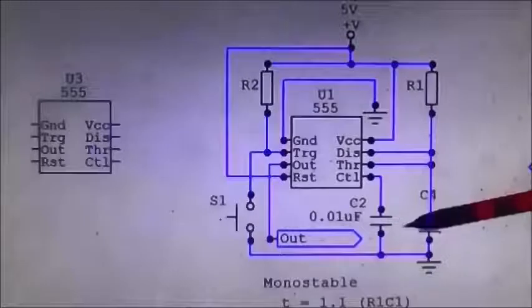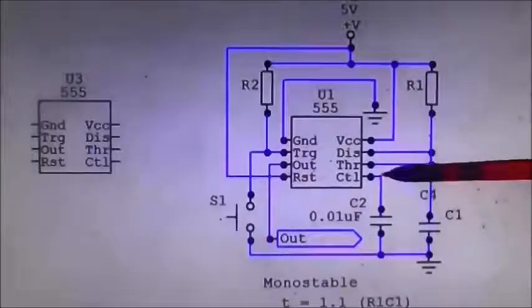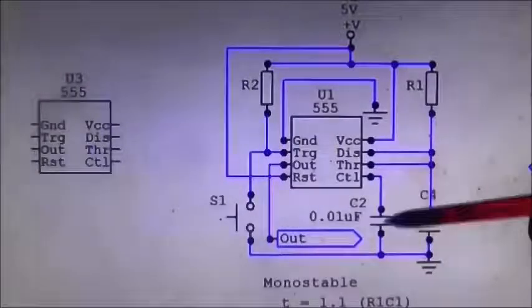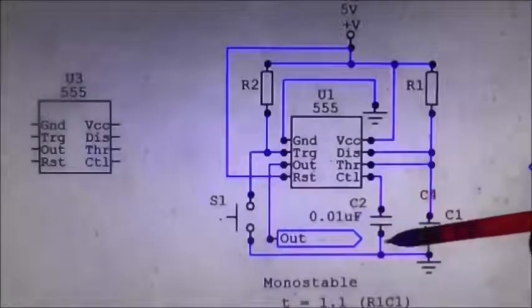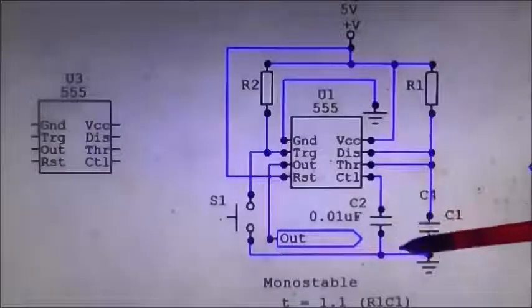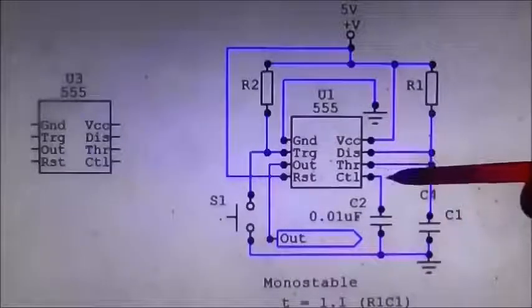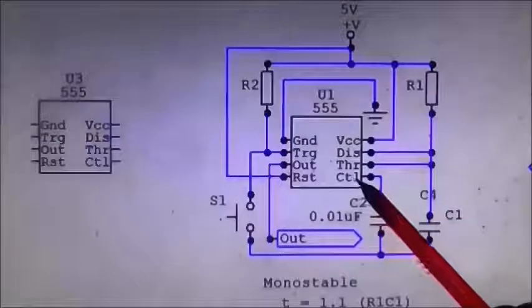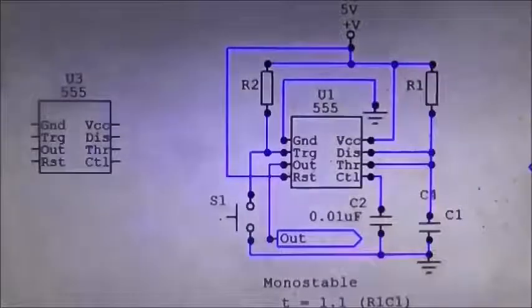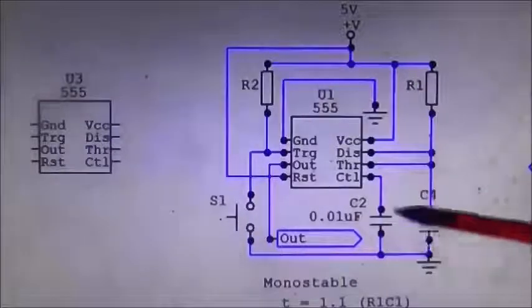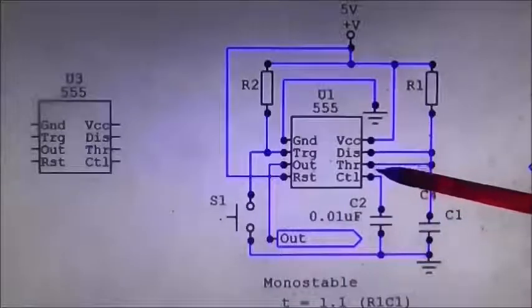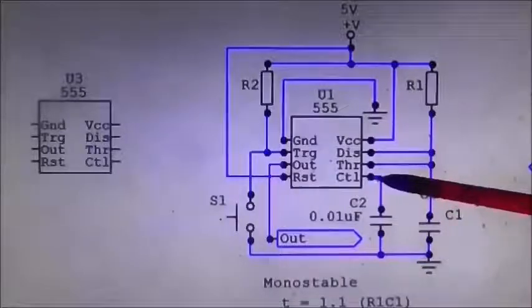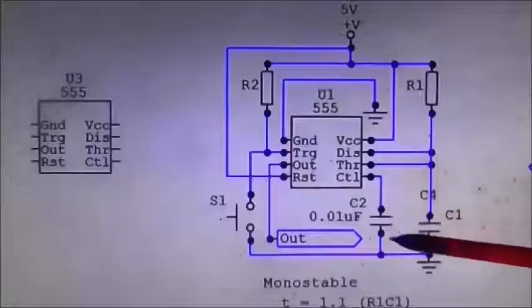Now, remember me saying that the control pin is normally put to ground through a 0.01 microfarad capacitor, and you do that if you didn't want any interfering signals there which can cause a false reading at the output. Now, for the short times we've been using, it isn't actually necessary to put that in there, and you can leave control open. If you wanted a more precise thing, then you would do that.